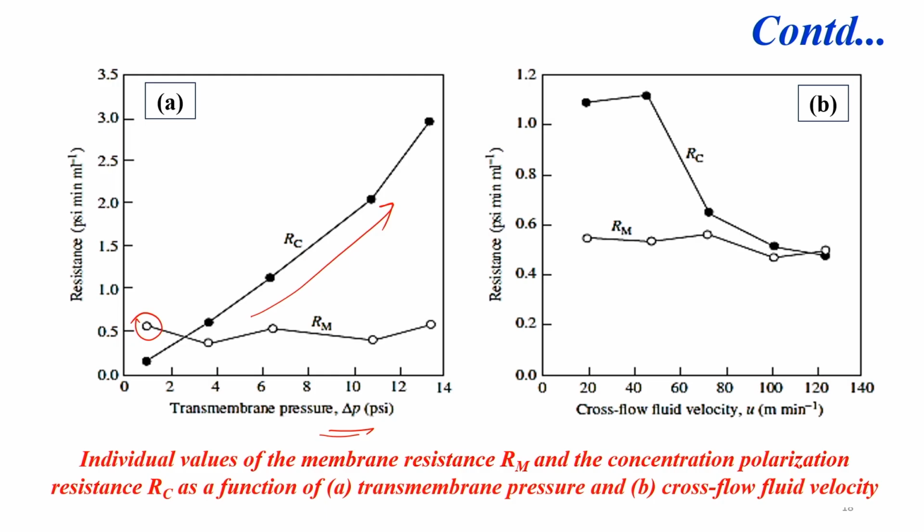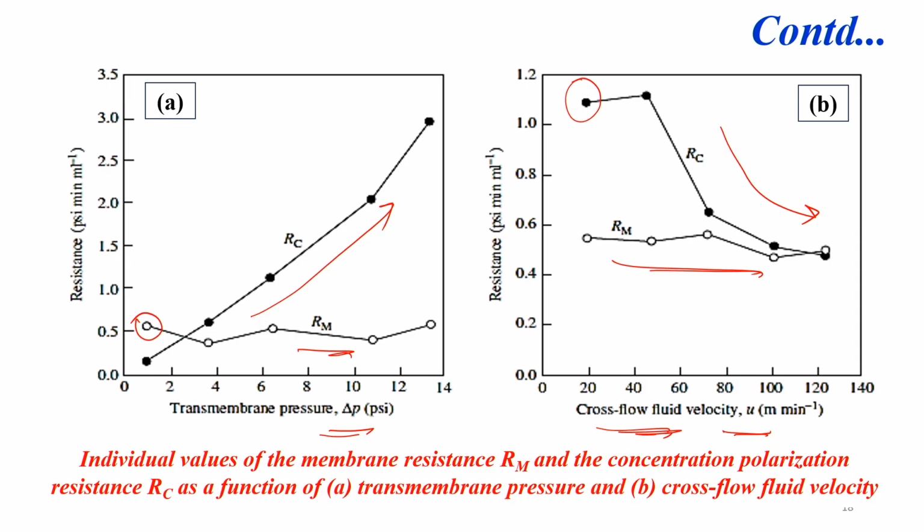Further, as Rc is inversely proportional to the cross flow velocity, at low cross flow velocity its value is high, and as cross flow velocity increases, the Rc value decreases. Why? You see Rm is kind of independent of cross flow velocity as well as that of transmembrane pressure.